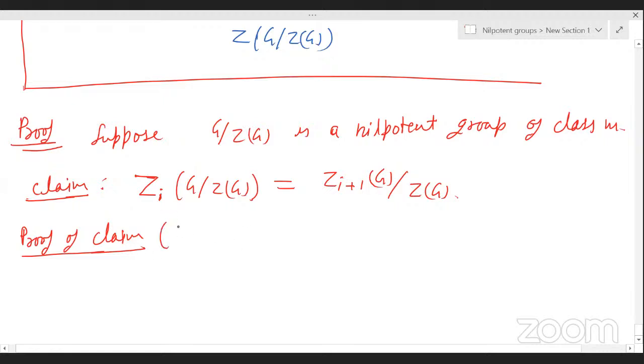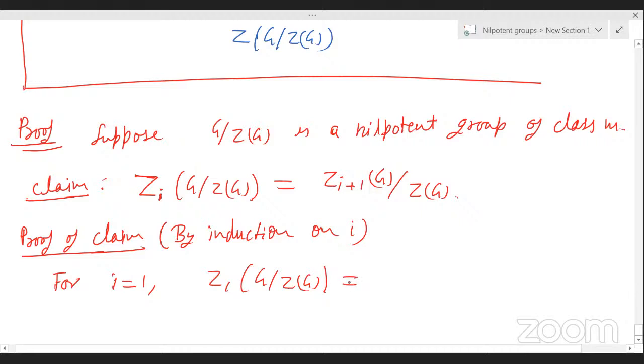So this proof is by induction on i. For i equal to 1, Z_1(G/Z(G)). As we have seen above, by definition, it is Z_2(G)/Z(G).